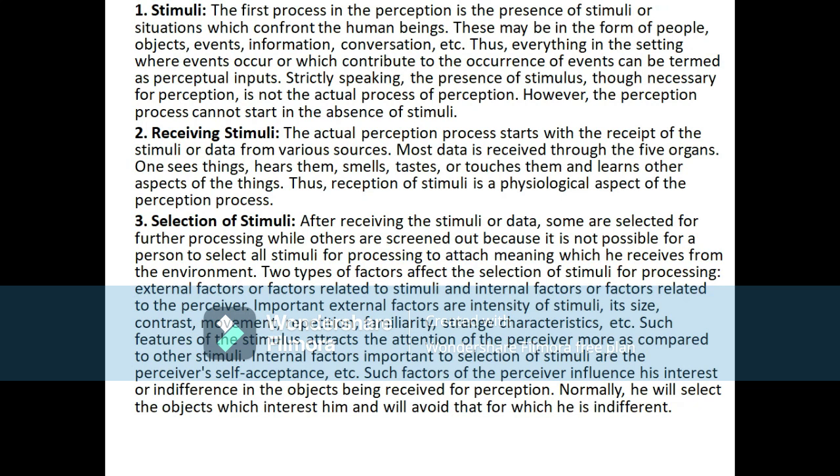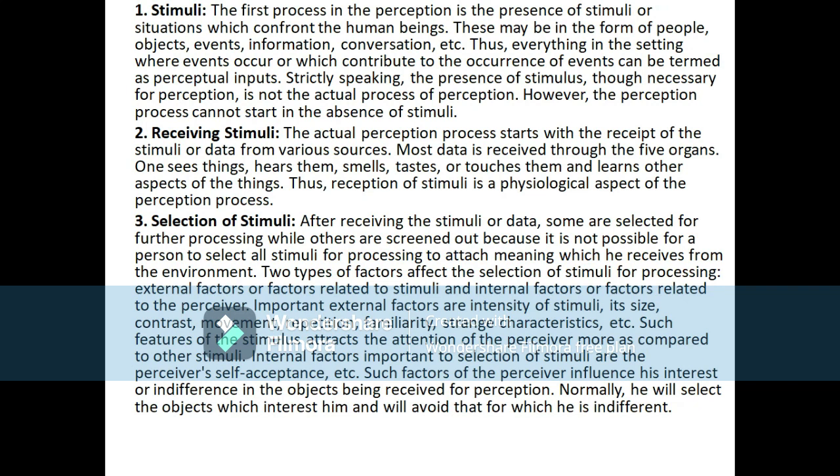Strictly speaking, the presence of stimulus, though necessary for perception, is not the actual process of perception. The process has not yet started. In the perceptual process the first step is stimuli, but in this step the actual process will not have started, because here we are just getting data from the external environment.